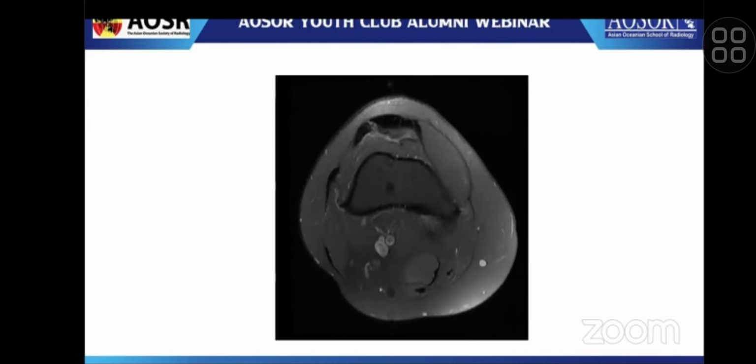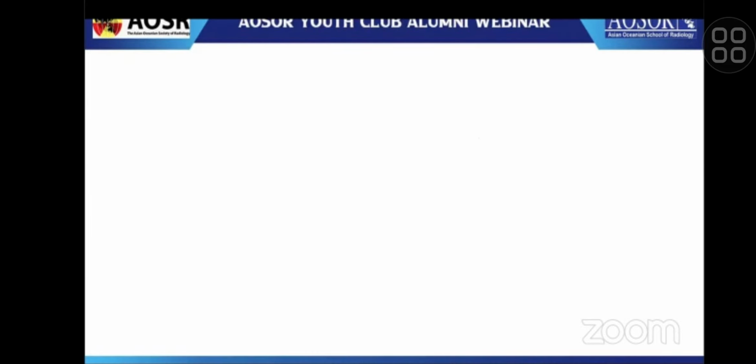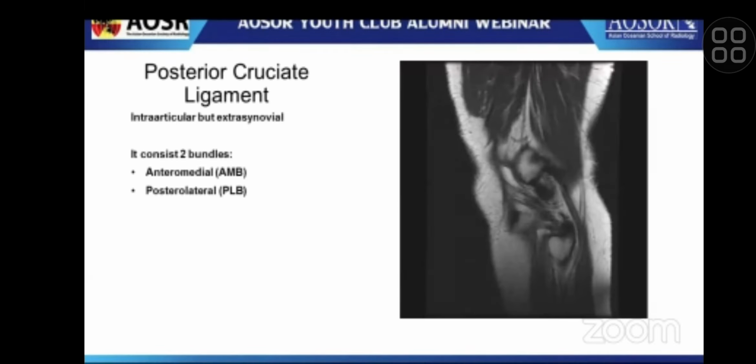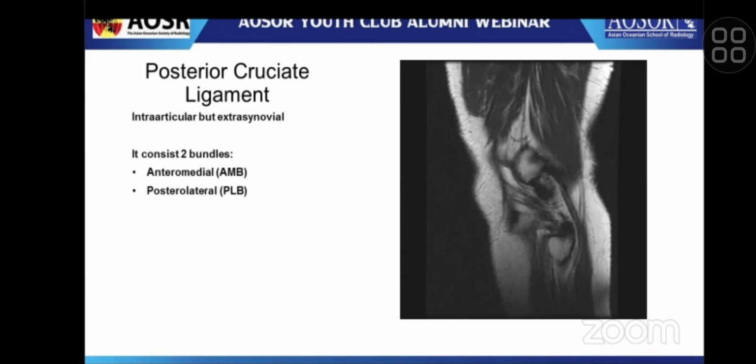So next one is the posterior cruciate ligament. The posterior cruciate ligament is also intra-articular but extrasynovial. These two ligaments are the main stabilizers of the knee joint.